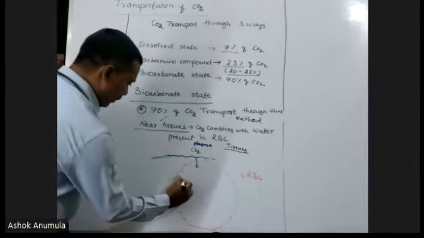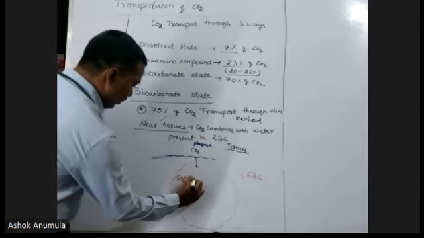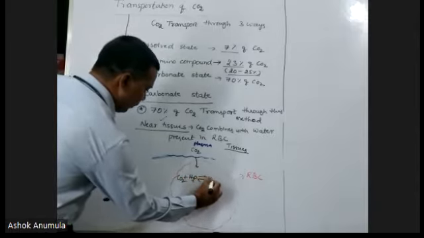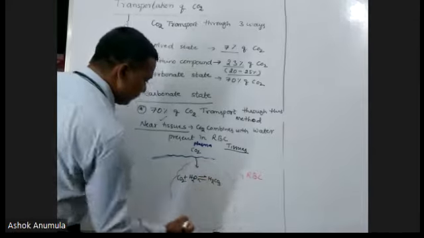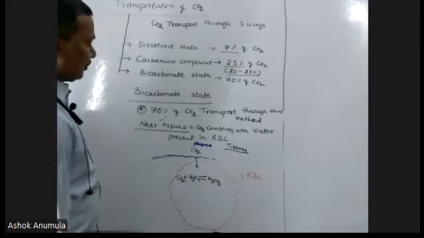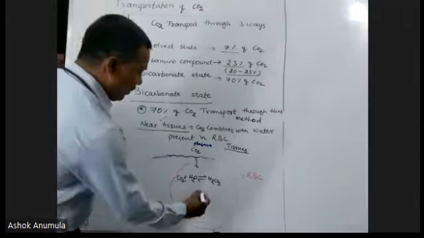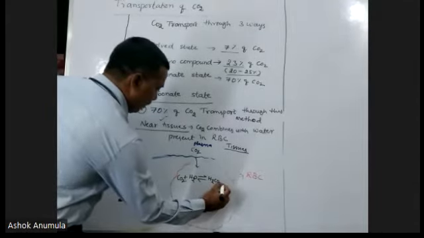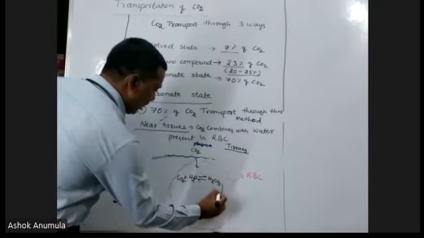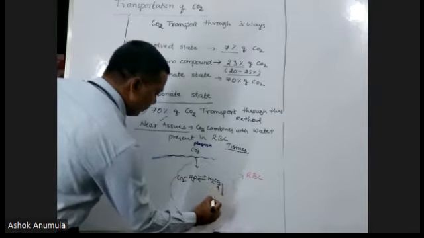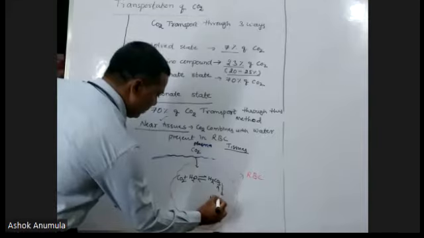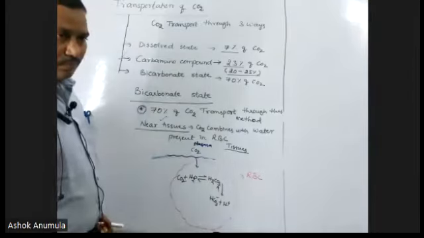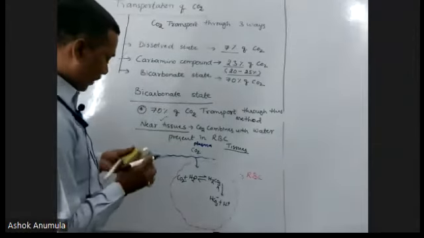The CO2 combines with water and develops into H2CO3, which is carbonic acid. This carbonic acid immediately splits into HCO3 minus plus H plus.